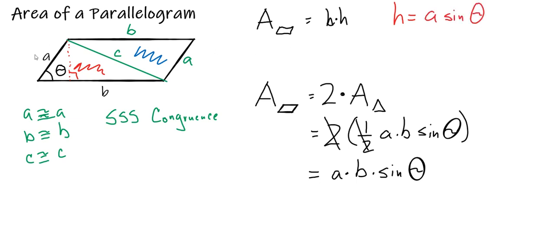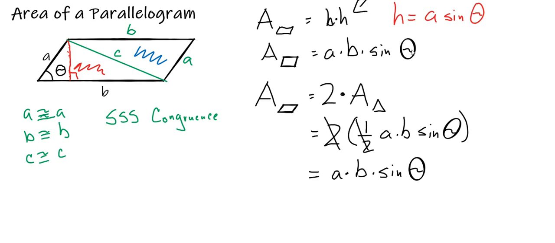It's the hypotenuse of this right triangle times the sine of theta, and thus we get the same result going by our old parallelogram area formula. If we substitute in for h, we'll get A times B times sine theta.